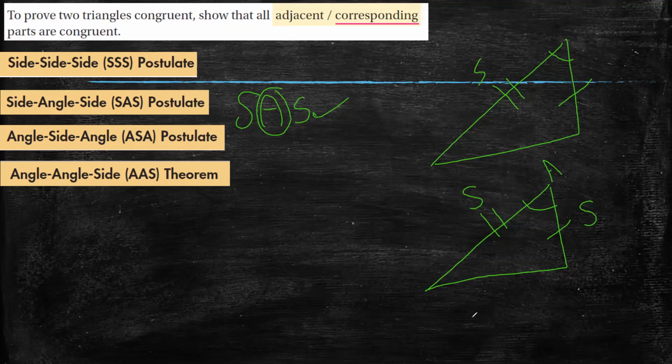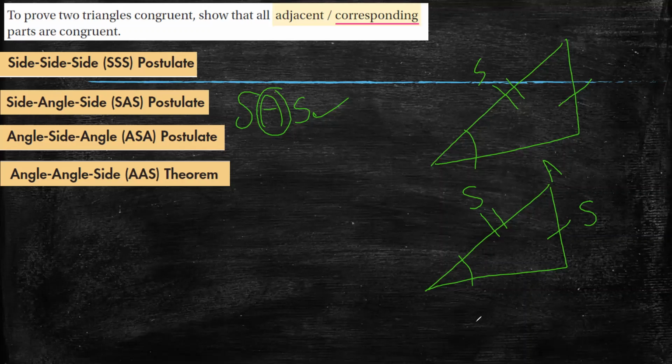If it's not included, as an example, if I told you that here is the angle. Okay, I have two sides and one angle. But my question is, is this angle included between these two sides? No, so I will not use SAS, and these two triangles are not congruent. The first and the second one, as you see here, the letter S is repeated 2 times.